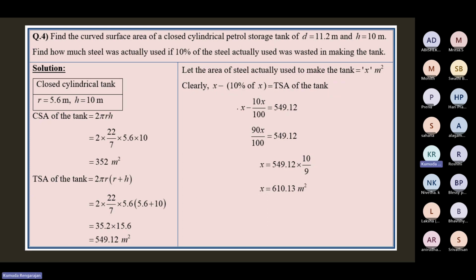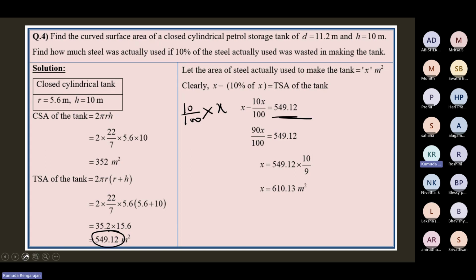So now work this. X minus 10%, meaning 10 by 100 into X. So 10X by 100. Okay, so X minus 10X by 100 is equal to the TSA, which we have already found. Put that answer here.